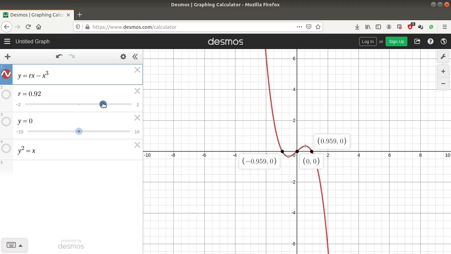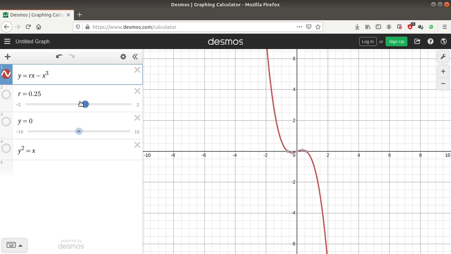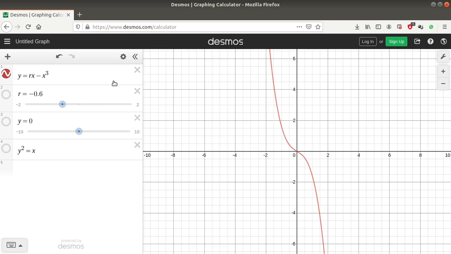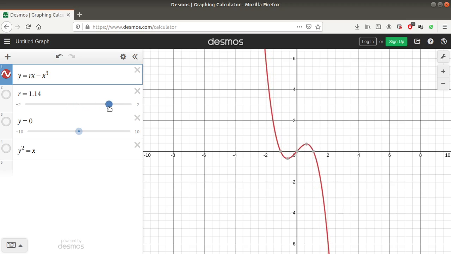Among these, when r is negative, we have one fixed point, and the slope is negative, so it is a stable fixed point. When r is positive, we have three fixed points, where this fixed point now becomes unstable, and these two fixed points are stable.